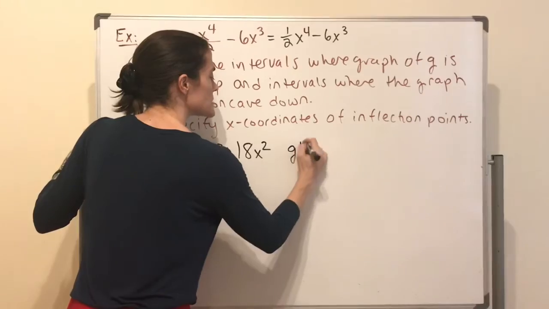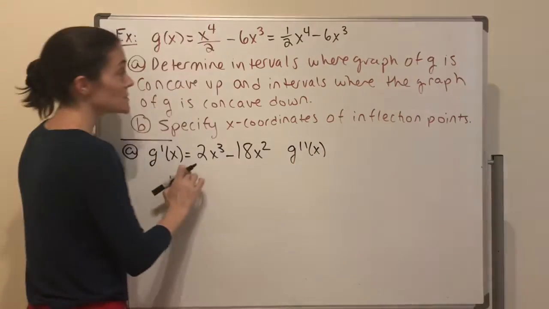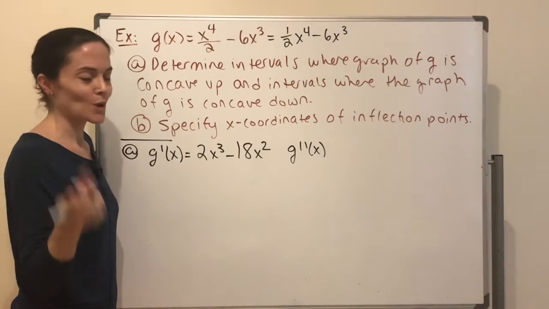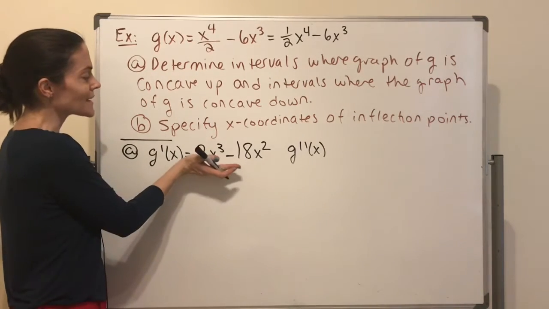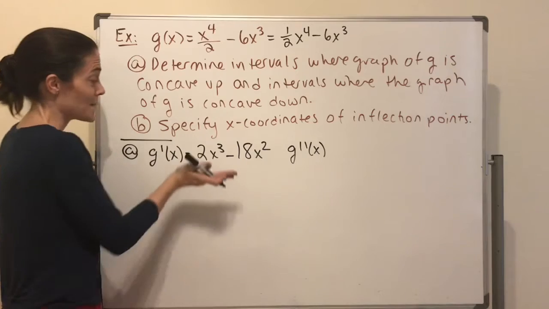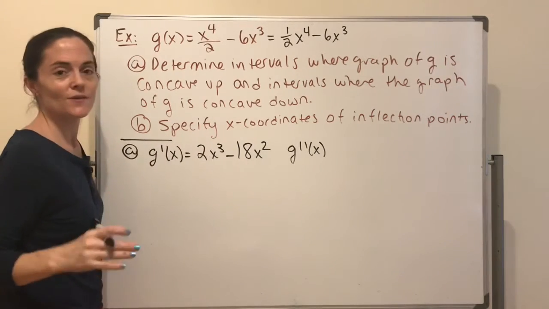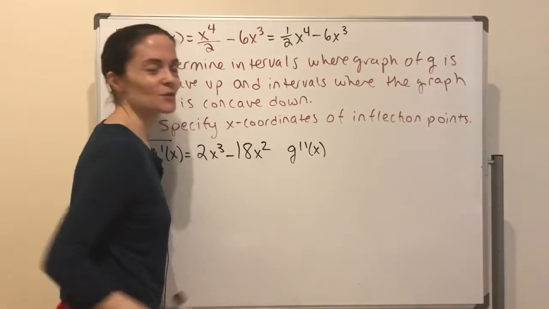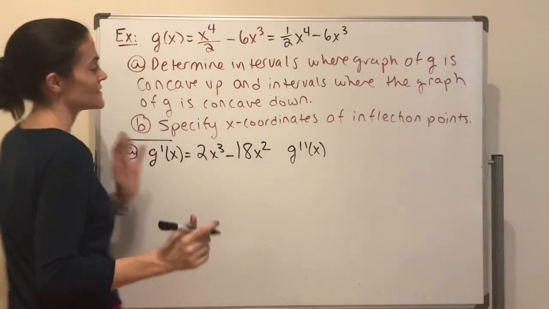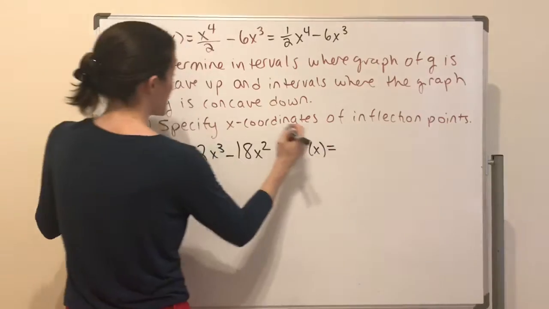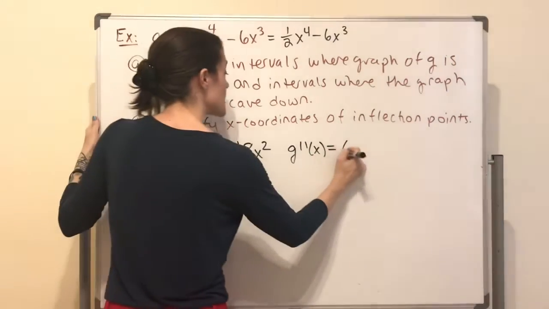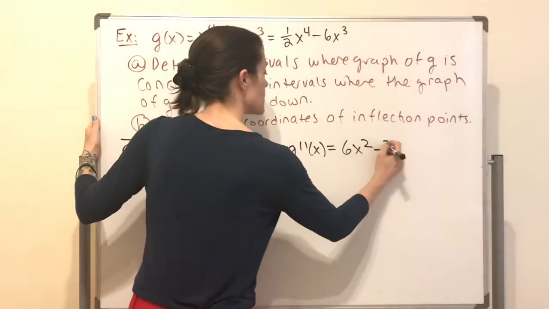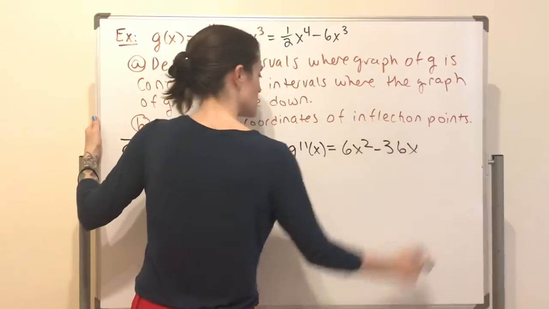Immediately, I will take the second derivative, because you see the question does not ask about increasing, decreasing, or local max and min, so I'm not going to need critical points. I'm not going to need the first derivative for really anything except as a step to calculating the second derivative. Okay, now I differentiate this. I get 6x squared, and then 2 times 18 is 36, like this.